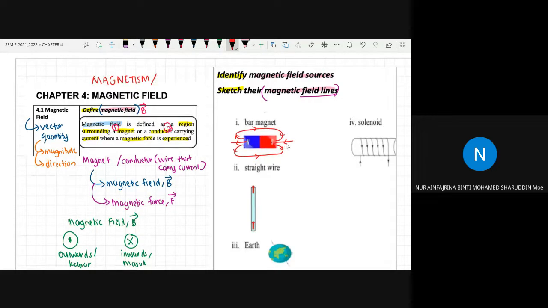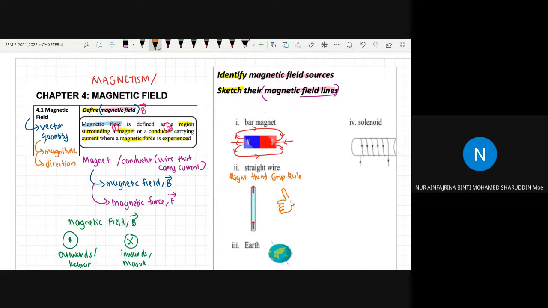Good job. Alright, next one untuk straight wire. So in order for us to determine the direction of the magnetic fields untuk straight wire, kita akan pakai satu rules ini, iaitu right hand grip rule. Di mana awak akan pakai tangan kanan awak. Contohnya awak punya thumb dan ini your fingers.